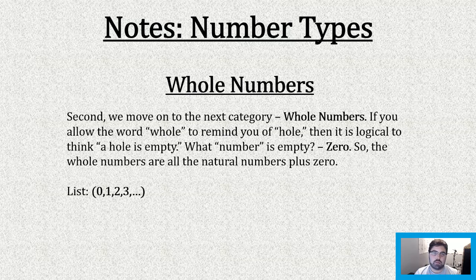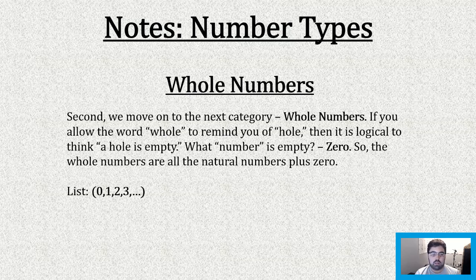Whole numbers. This is where we're getting slightly more advanced. We're adding numbers in now, although technically we're just adding one number. If you think of the word whole, W-H-O-L-E, just like wholesome, full, let it remind you of the other way of spelling whole, H-O-L-E.